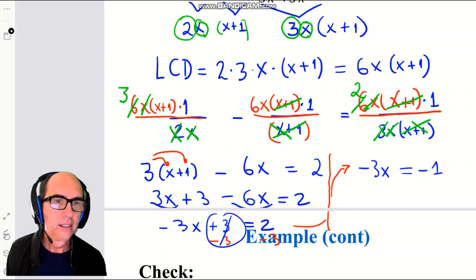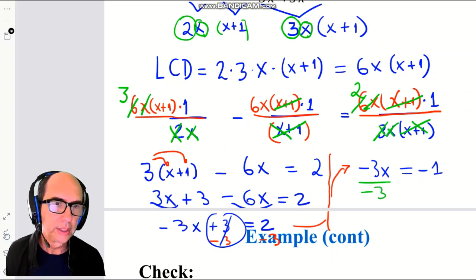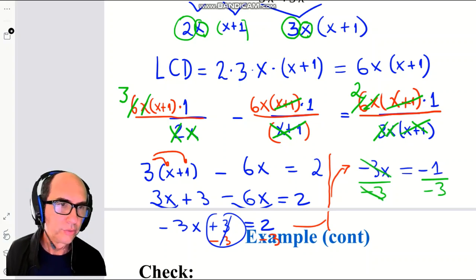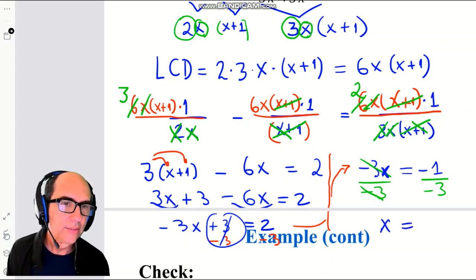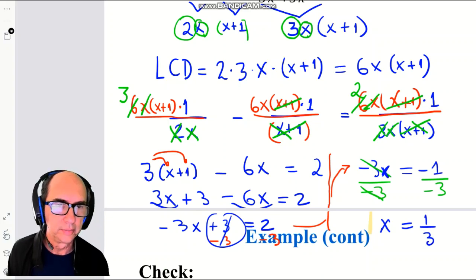And finally, we have only x on this side, only a number on the other side. Divide both sides by this coefficient, so we can cancel it out. Of course, we don't cancel the x. X equals negative divided by negative is positive, 1 over 3 is the answer.